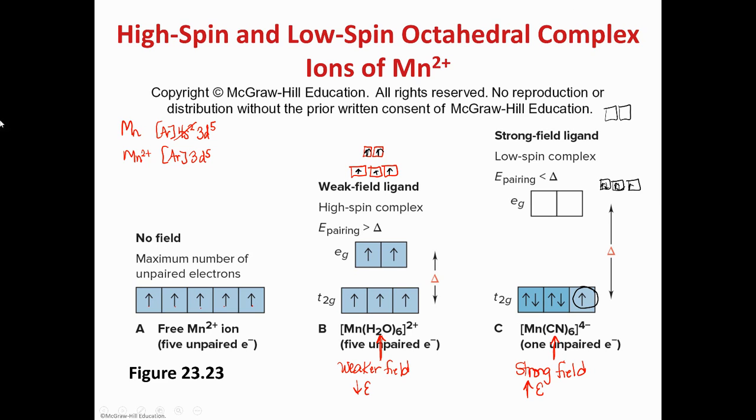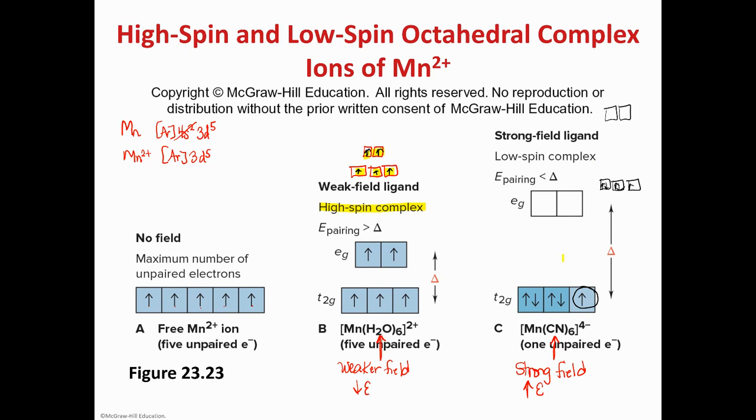We call this idea, it has some terminology. This one's called a high spin, this first one. High spin means that you can fill in like I did, 1, 2, 3, 4, 5, that they fill in singly.